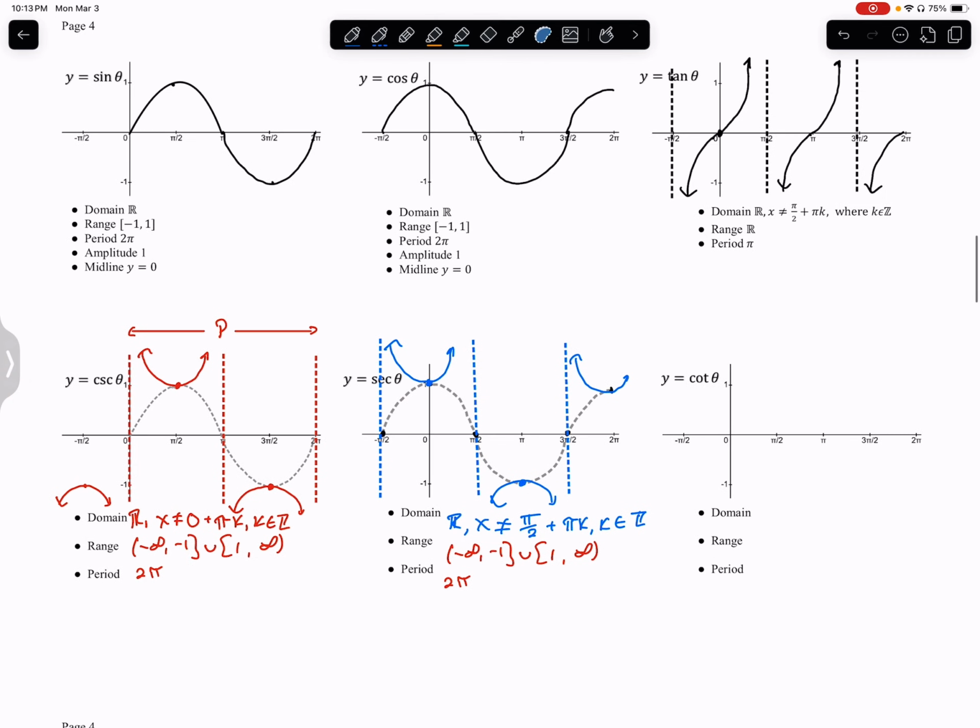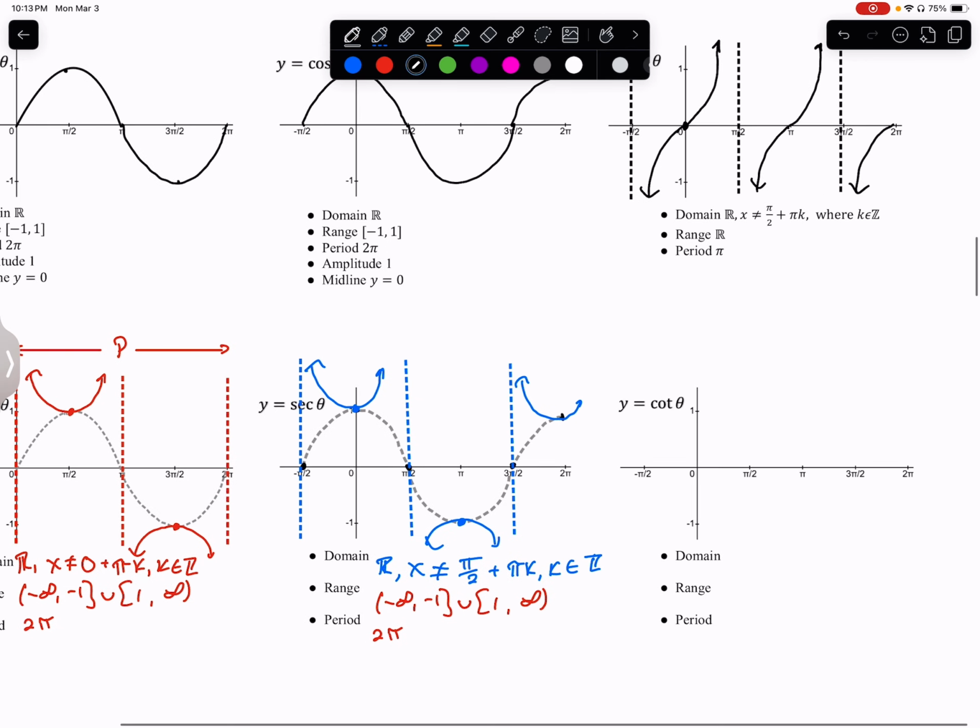Cotangent, almost done here. If we know what tangent looks like, which we have up above, tangent has a vertical asymptote at negative pi over 2. Reciprocal of that's going to be 0. Then at 0, we've got a y value of 0.